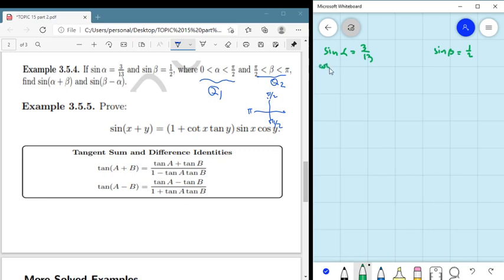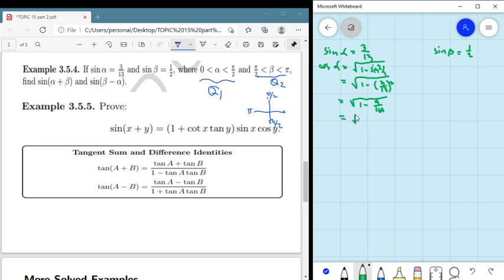Cosine alpha is equal to the square root of 1 minus sine squared alpha. Since sine alpha is 3 over 13, we have 1 minus 3 over 13 squared, which gives 1 minus 9 over 169.